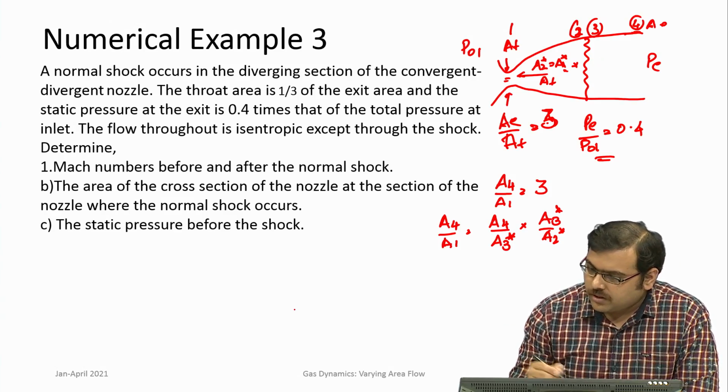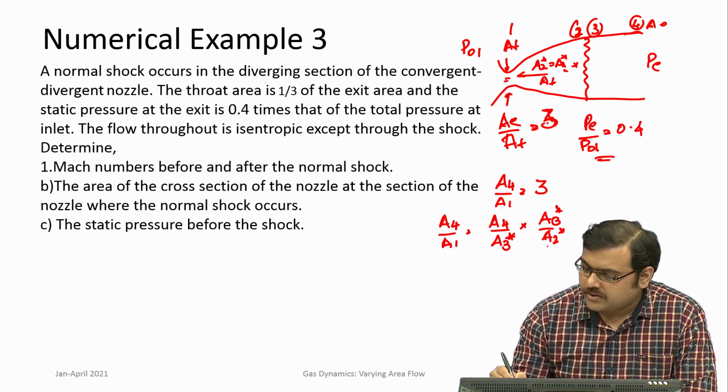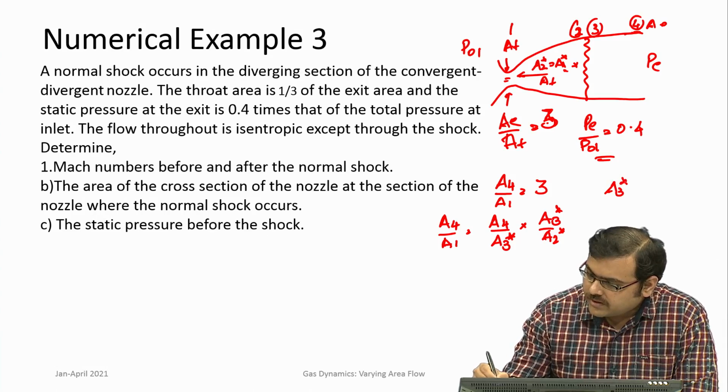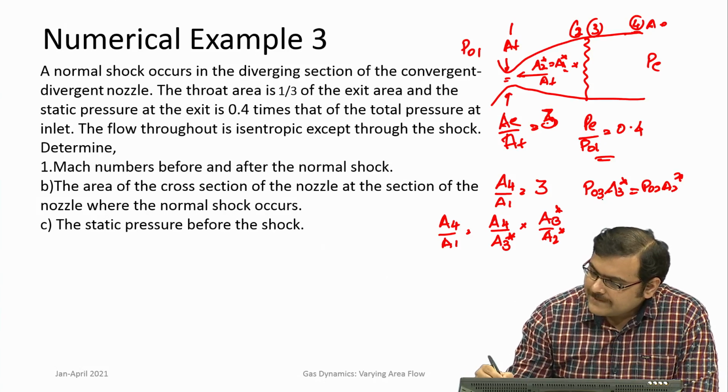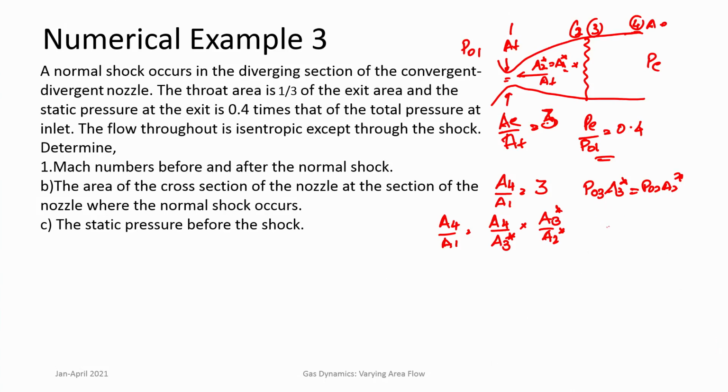Now, what is the guiding principle here? A3 star by A2 star are related. P03 A3 star is P02 A2 star. So, A3 star by A2 star is P02 by P03.